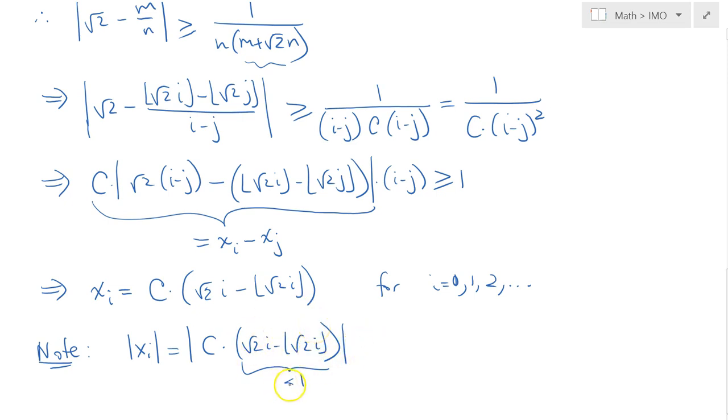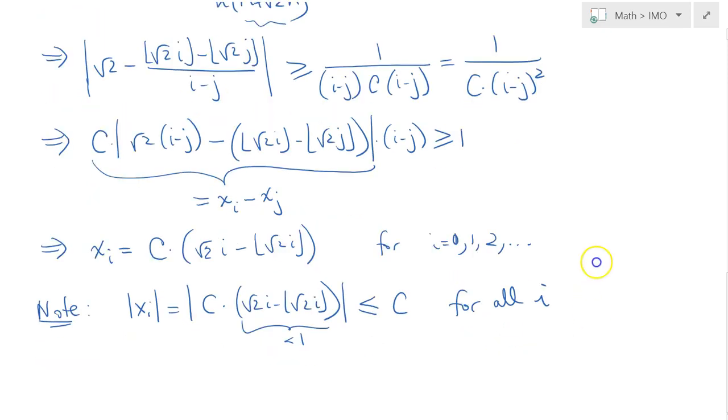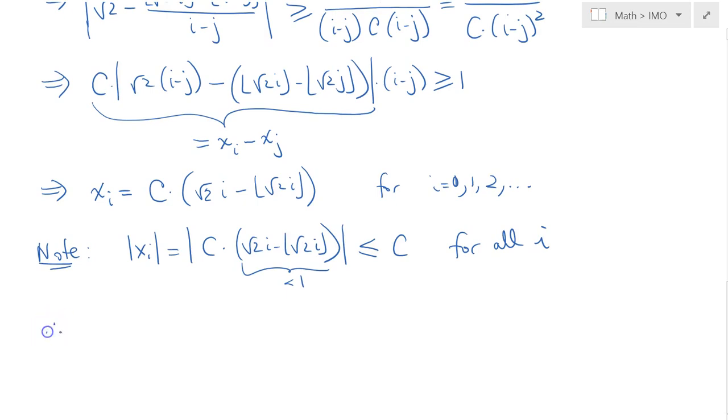This will be less than or equal to the absolute value of c, but c is a positive integer, so it is less than or equal to c for all i, and so therefore the condition is satisfied.